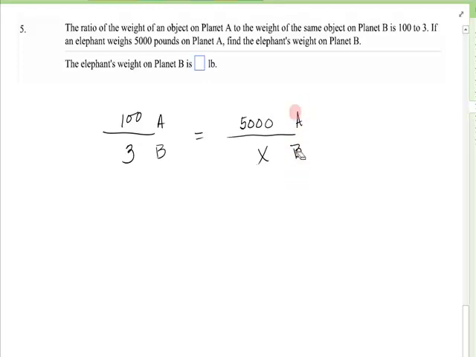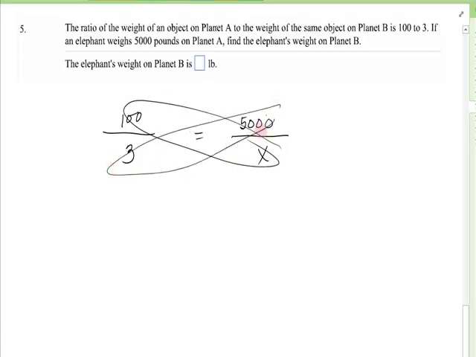Now I'm going to get rid of those labels because they can distract. All right. Cross products. 100x is equal to 3 times 5,000, which is 15,000. Divide by 100.